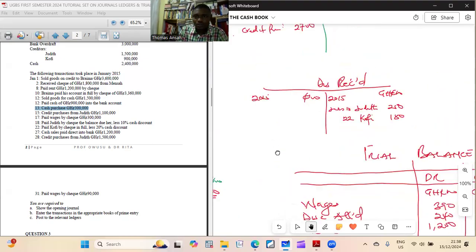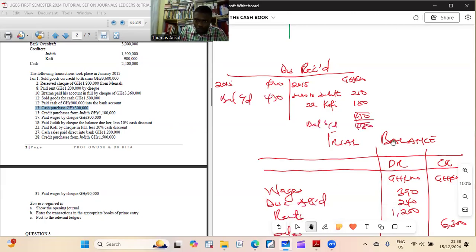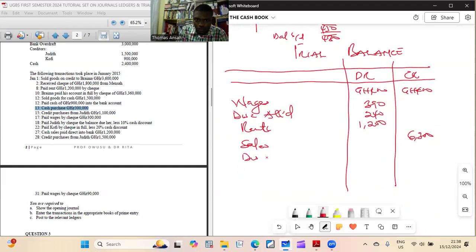Which account is here? I have a discount received account here. So 250 plus 180, that is 430. So balance carried down at the end of the year is 430. Balance brought down 430. So it means discount received, credit, 430.